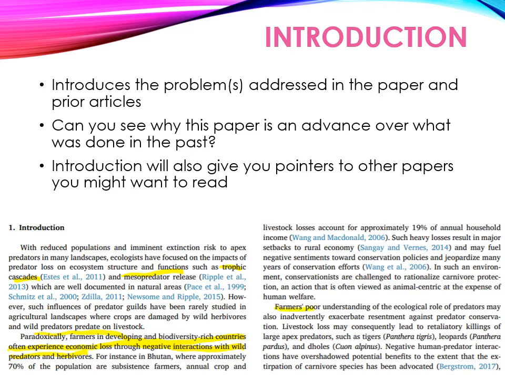So with the farmer's poor understanding of the ecological role of predators, livestock loss may consequently lead to retaliatory killings of large apex predators such as tigers, leopards, and dholes. Okay, dholes. Oh, that's interesting. I wonder what that means. So negative human-predator interactions have overshadowed potential benefits. Okay, I'm starting to get more interested in this paper.